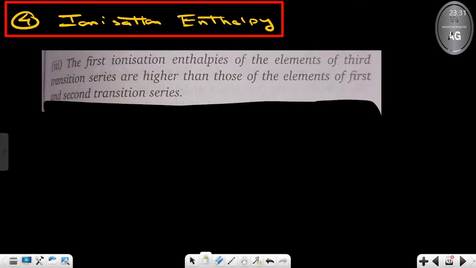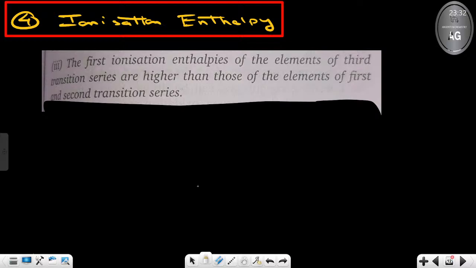If I follow the order, this is the first transition, second transition, third transition series. If I ignore the transition elements and consider basic representative elements, then the third series should have a much lower IP than the first one, because the number of shells increases, so the nuclear pull will decrease.